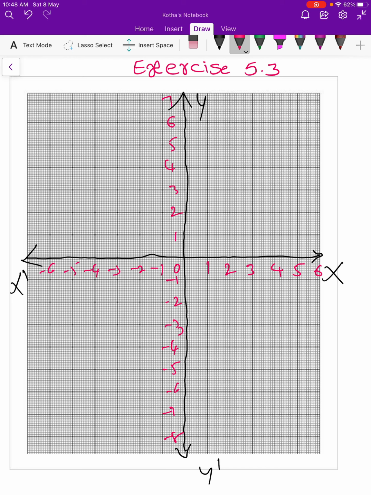In the first bit we have to plot the following points in the Cartesian plane whose x, y coordinates are given. The x coordinate is 2 and the y coordinate is -3.